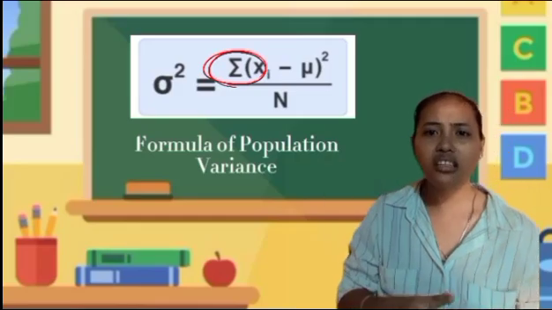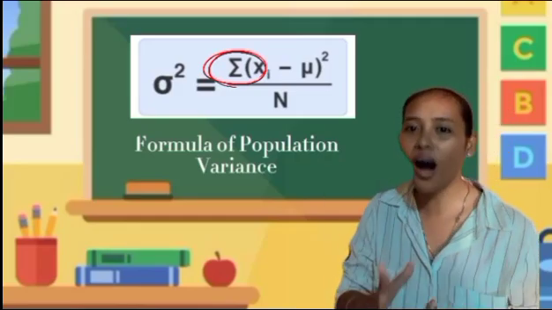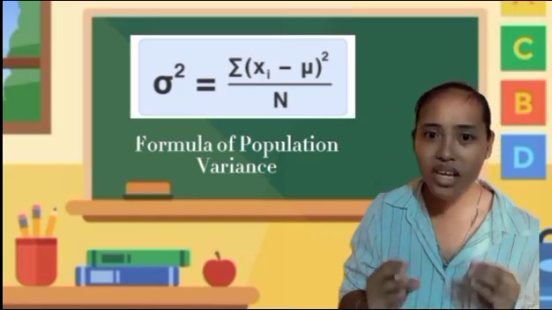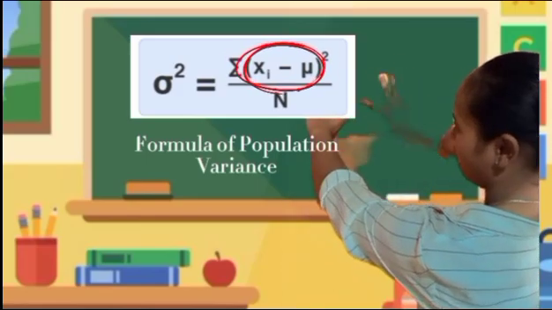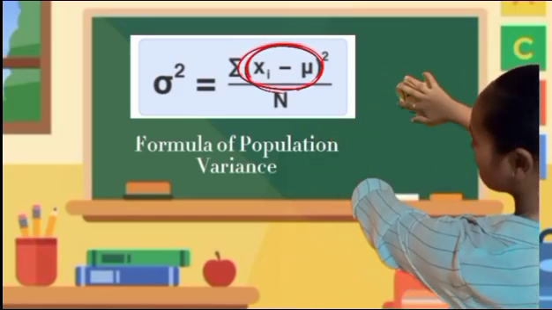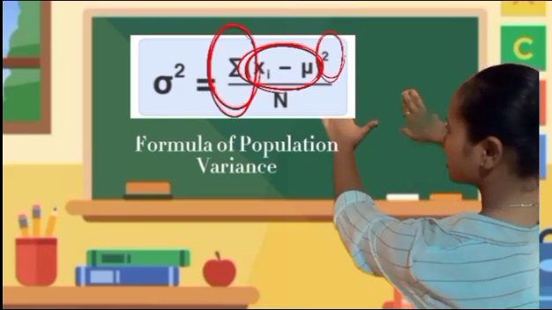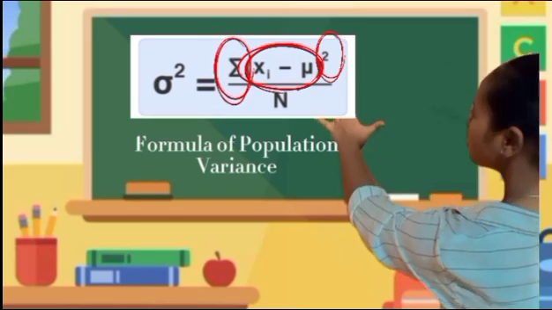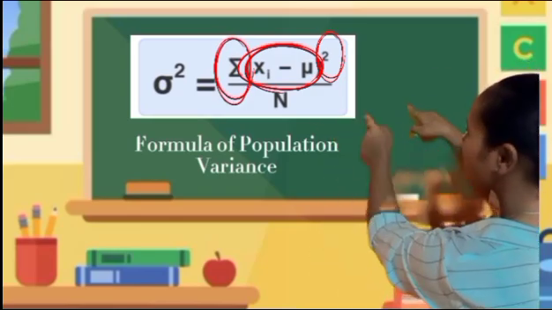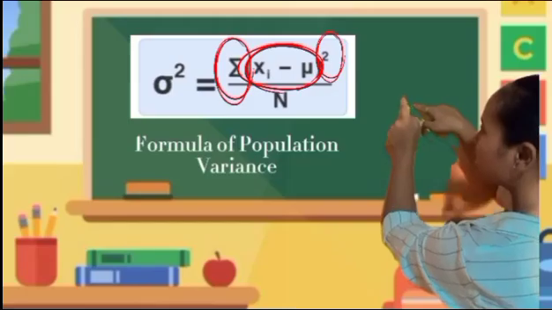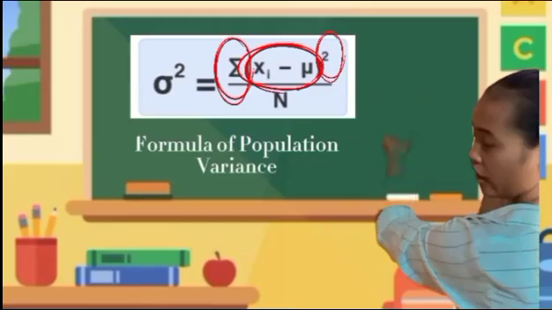It tells us to sum up all the squared deviations, meaning we start here, calculate the mean, then we square, and then sum up the squares.